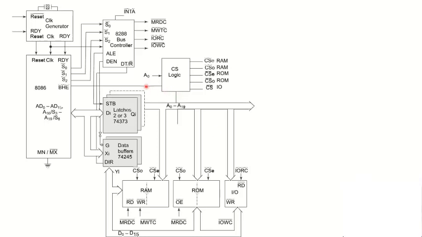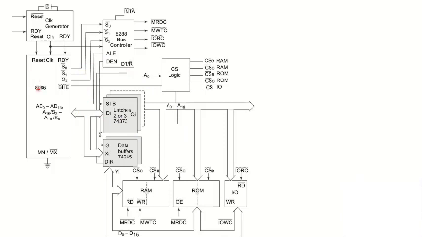So now we will discuss the maximum mode 8086 system. So this is the 8086 with the maximum mode, okay. The components are basically all the same as in the minimum mode system.